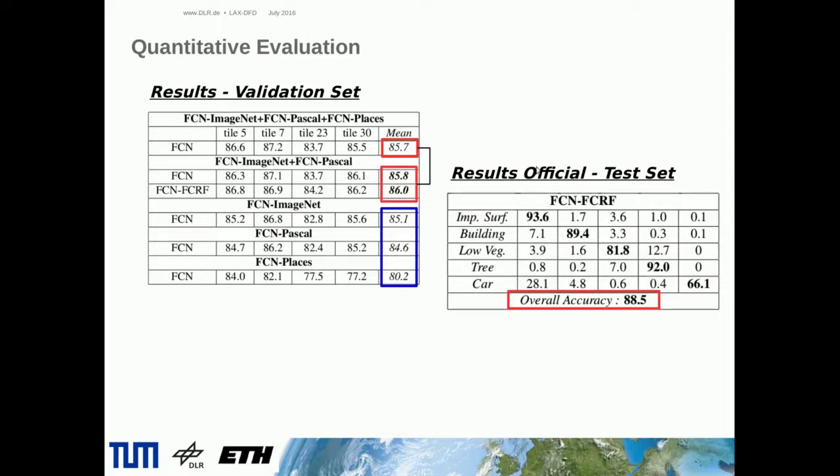Here are the results on the test set. The validation set we created ourselves, but the test set is disclosed, and you have to submit your results to the committee, and then they validate it for you. What we can see is that we perform even better than on our validation set, with an overall accuracy of 88.5.